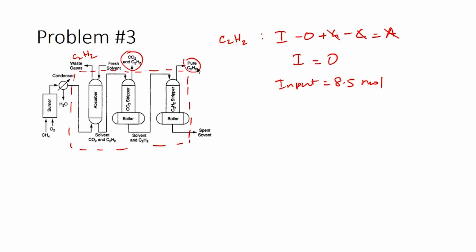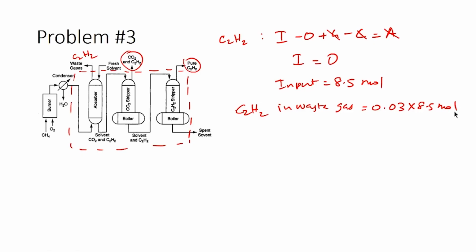How do we go about doing that? This waste gas has 3% of the acetylene, and 97% of the acetylene leaves along with the solvent. This has been given to us in the problem. So, C2H2 in waste gas would be equal to 0.03 times 8.5 moles. This would be the first exit stream.